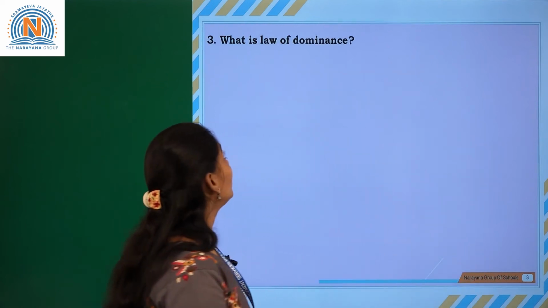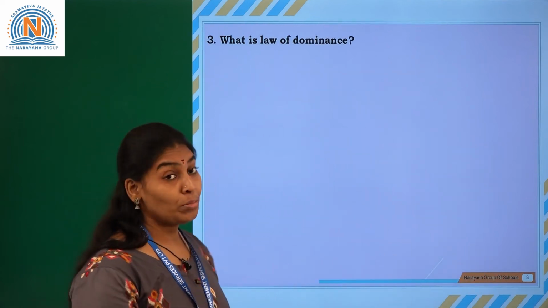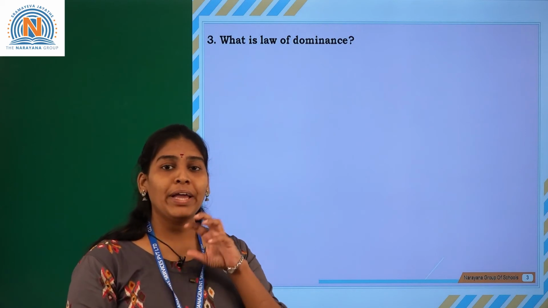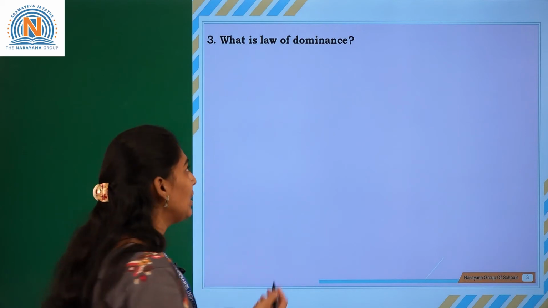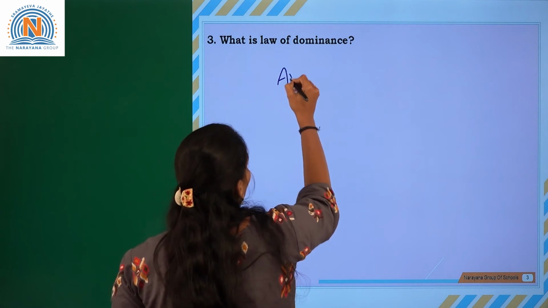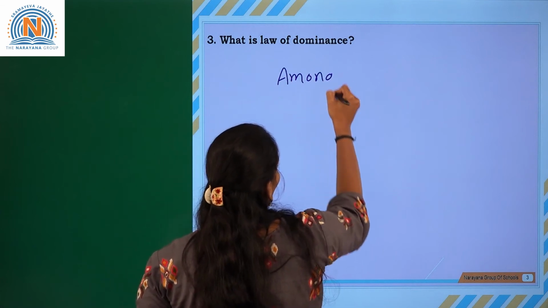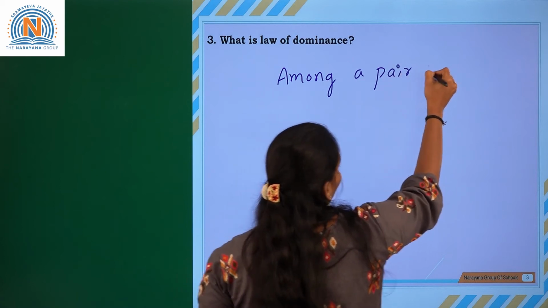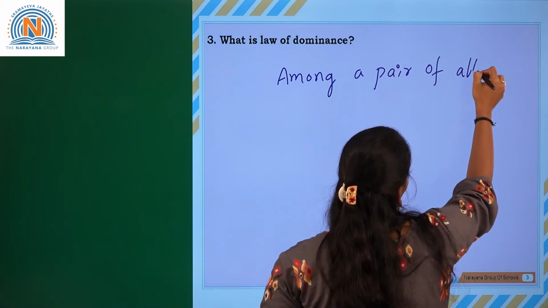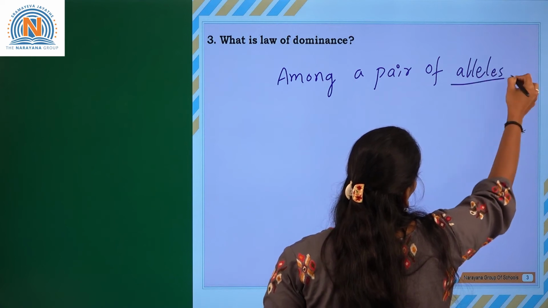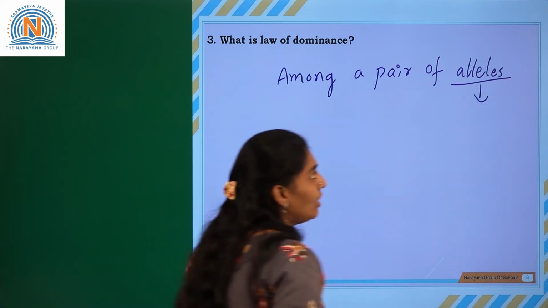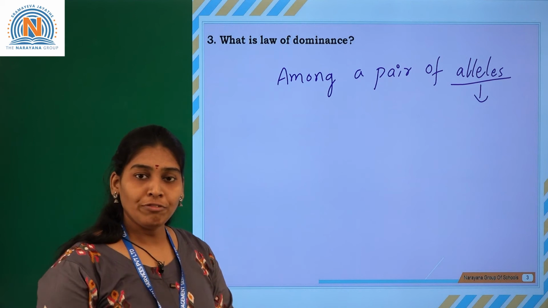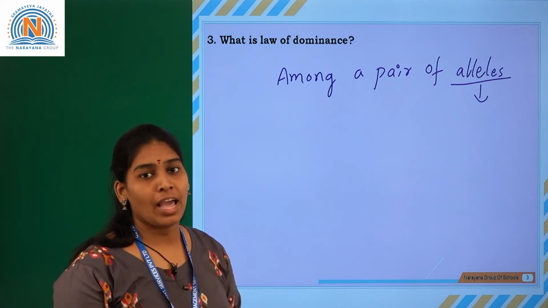The next question is, what is the law of dominance? So among a pair of alleles, what is meant by alleles? Alleles are a pair of genes which express a character.